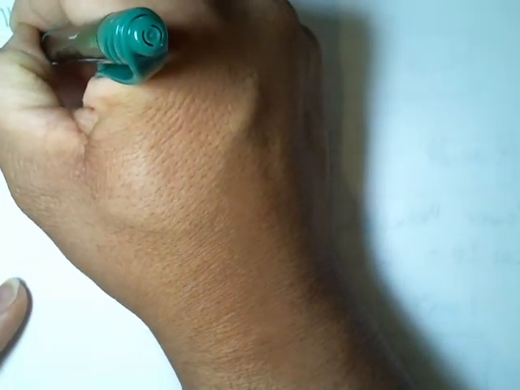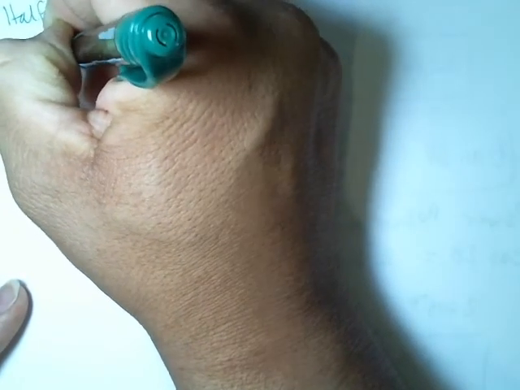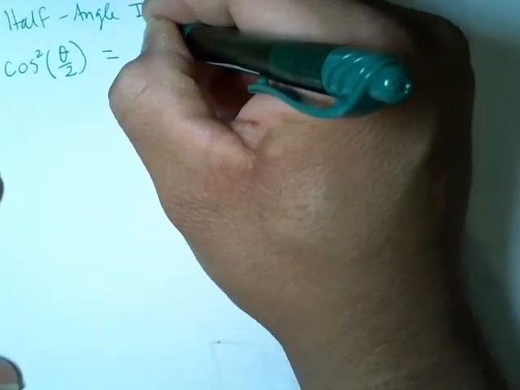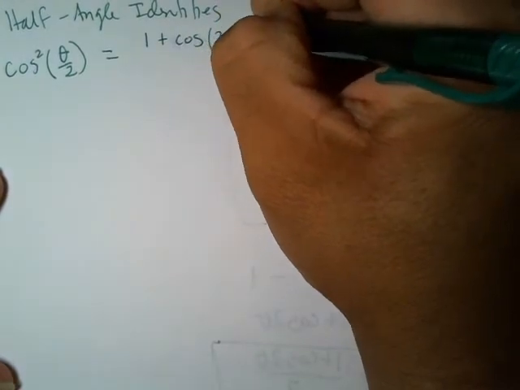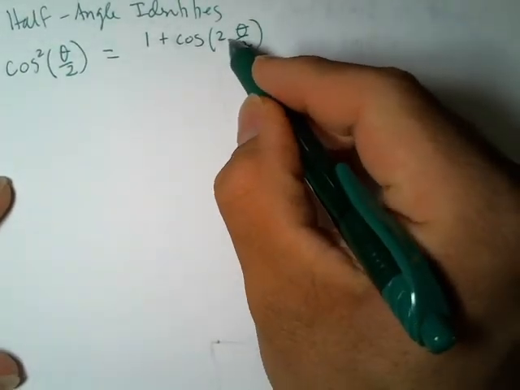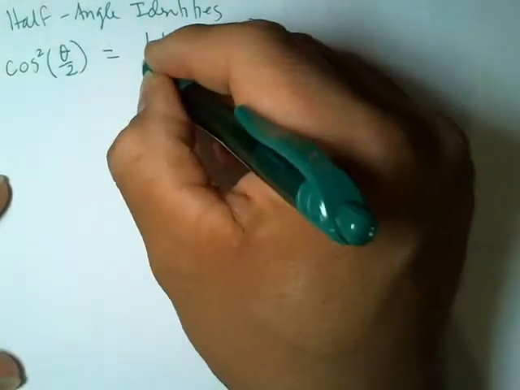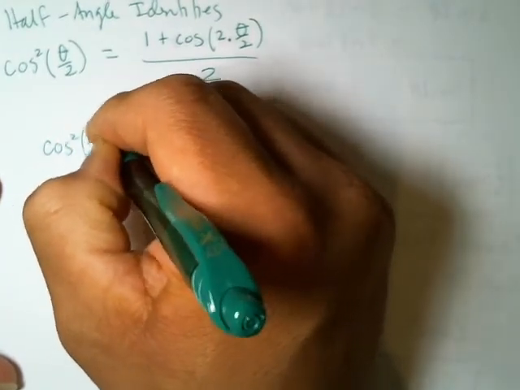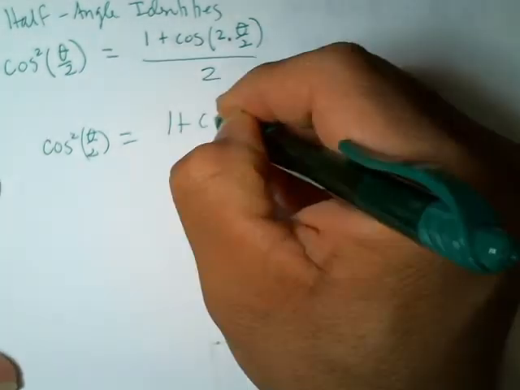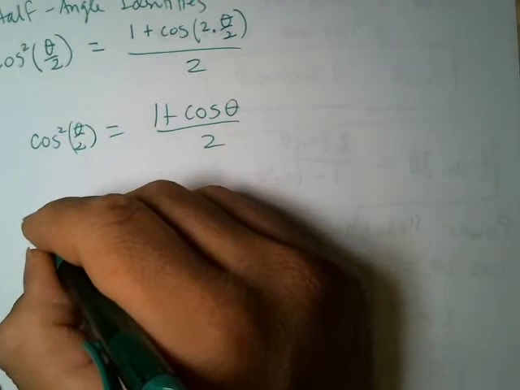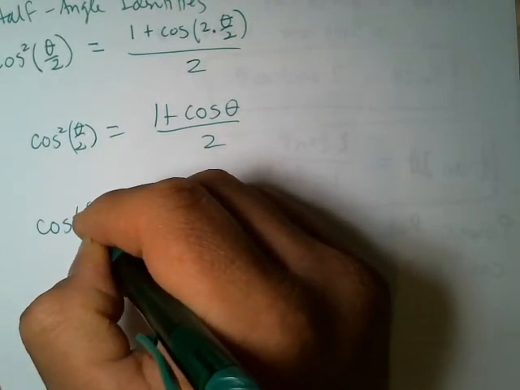Let's say cosine squared: instead of theta, let's call it theta over 2. Using our power reducing formula, it's double whatever that angle is, double theta over 2. So this simplifies, reduces the 2. We have cosine squared of theta over 2 is in fact equal to 1 plus cosine theta over 2. And taking the square root of both sides, here we do have to be careful.